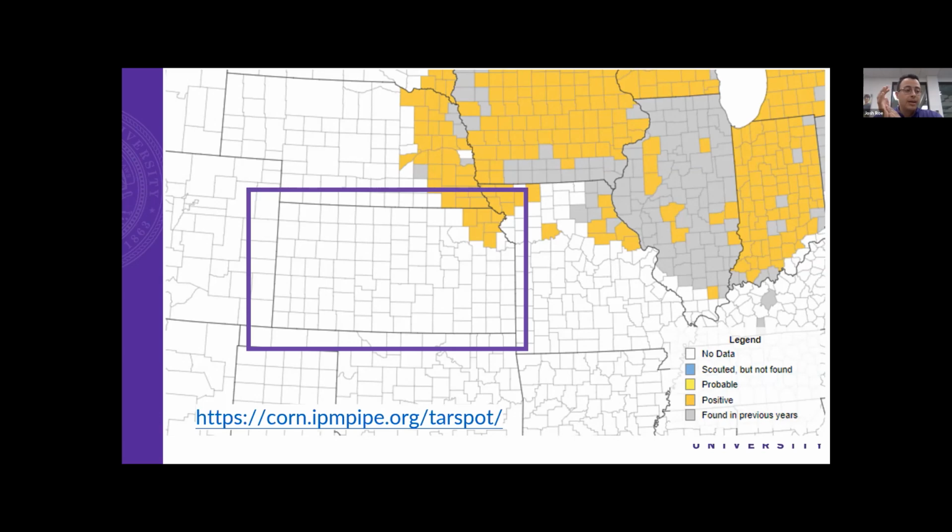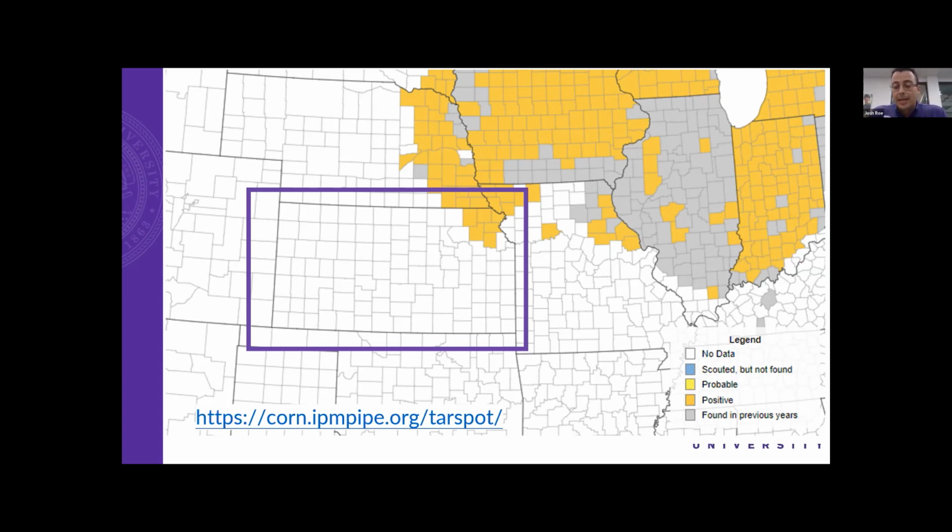Of course, we didn't see any symptoms on the lower canopy; it was more mid to upper canopy, which tells us there is a high chance that the disease was brought to Kansas by wind or some sort of storm that brought some of those spores.